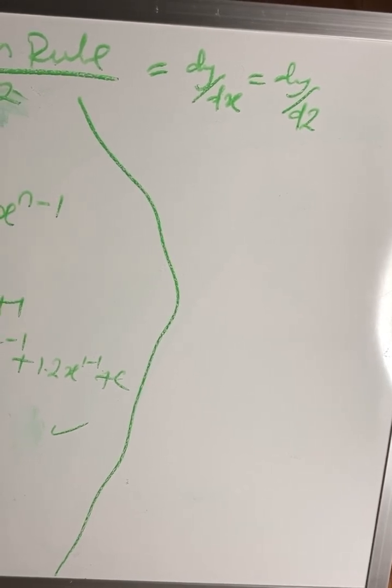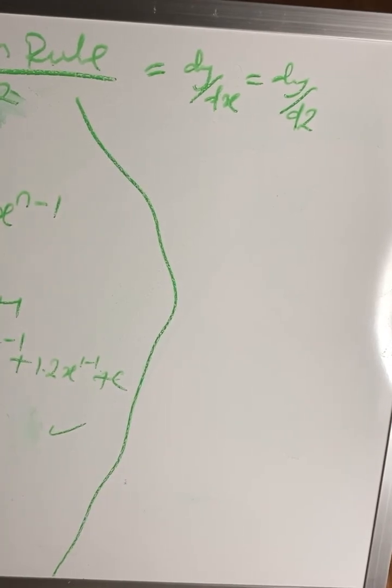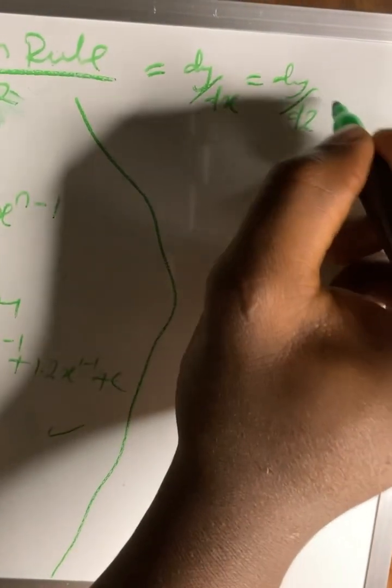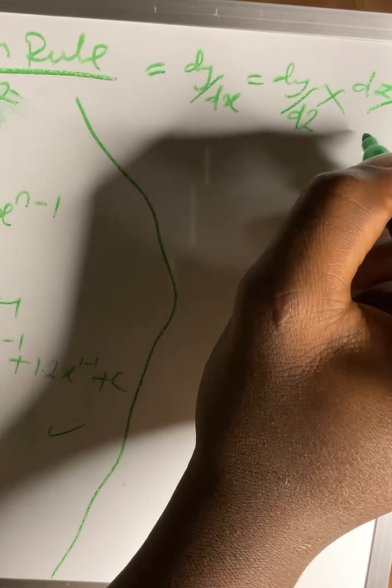But for me, I'm using z to assign the core content of the bracket. I'm going to explain further. Times or multiply by dz dx.